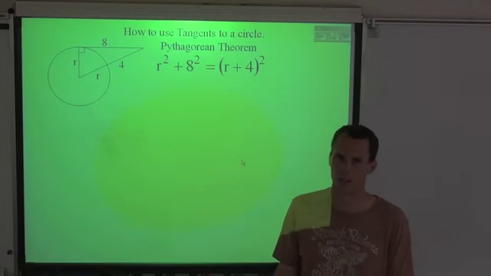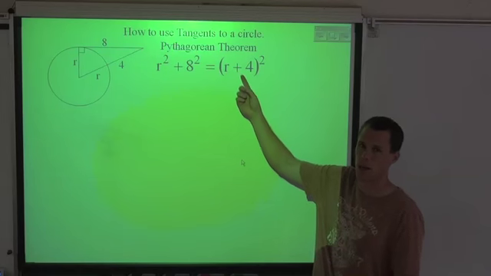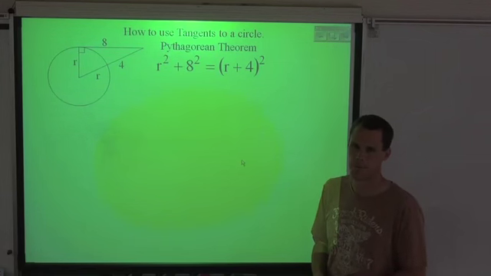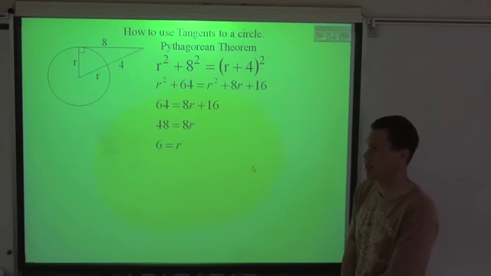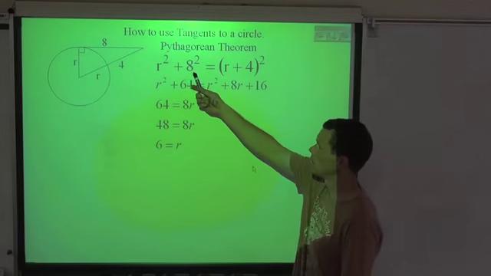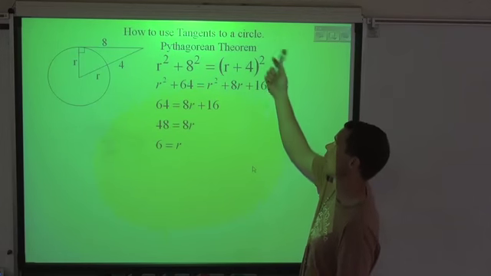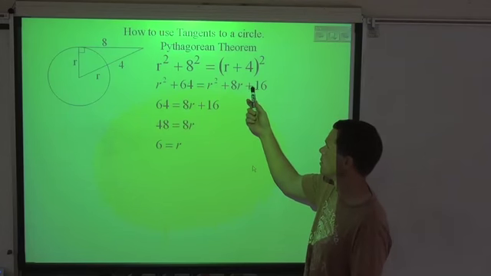Now this is not an algebra review lesson, but I will make note. R plus 4 squared does not equal R squared plus 16. You have to FOIL these numbers out. You must distribute. So it will become R squared plus 64 equals R squared, and then you have to do R times 4 and 4 times R, so 8R plus 16.